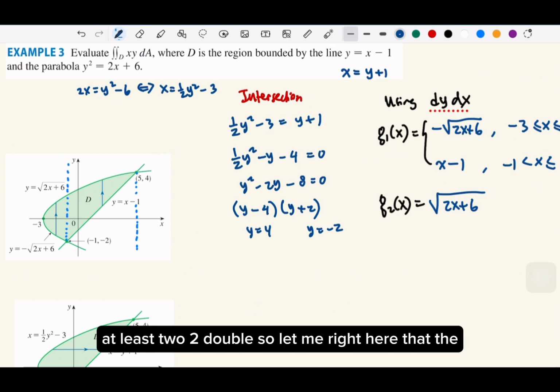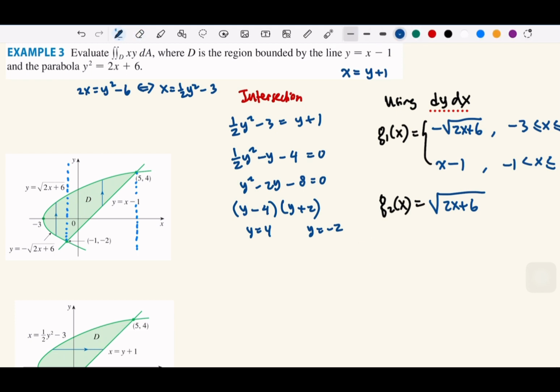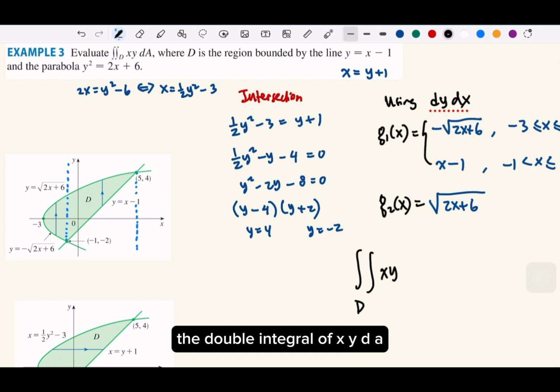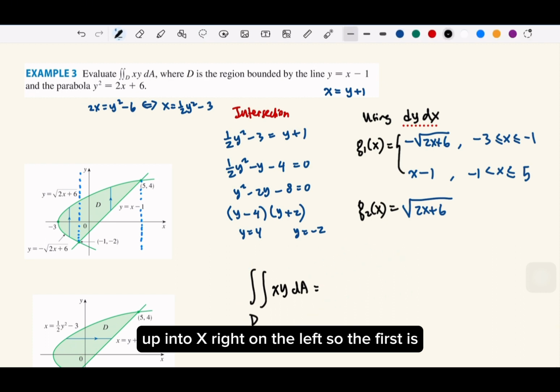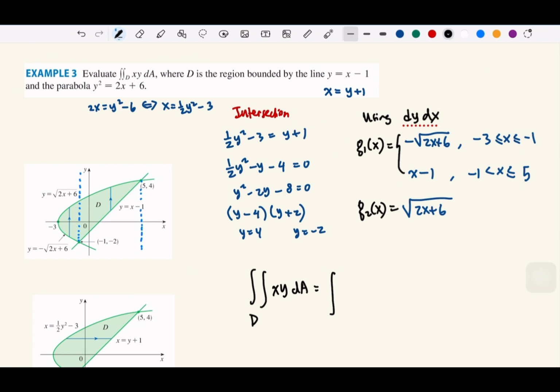So let me write here the double integral of xy dA.